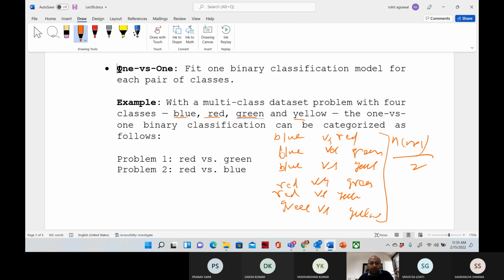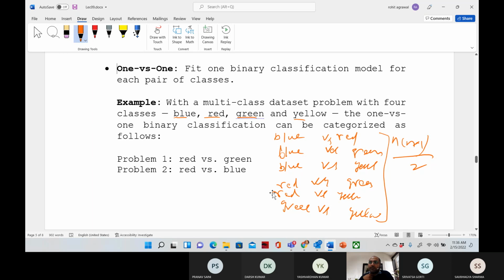That means we will consider a first problem in which we have 2 classes, blue and red. A second problem where we have blue and green. Then a third problem with blue and yellow. Then the next problem, red versus green, then red and yellow, and so on.